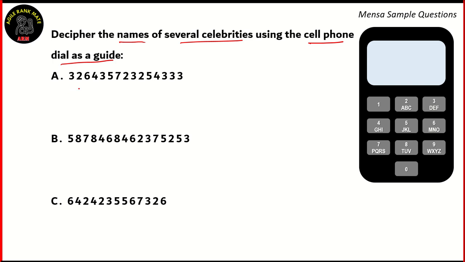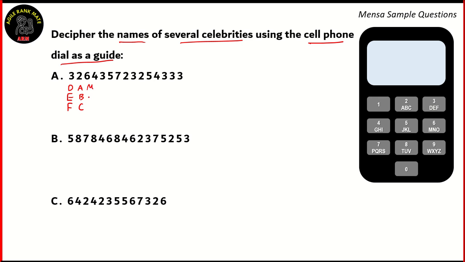Well, it's a good idea to write the possible letters that the number can represent right below the number. So since 3 is D, E, and F, we will write D, E, and F below it. 2 stands for, of course, A, B, or C, so we'll write A, B, and C under it.